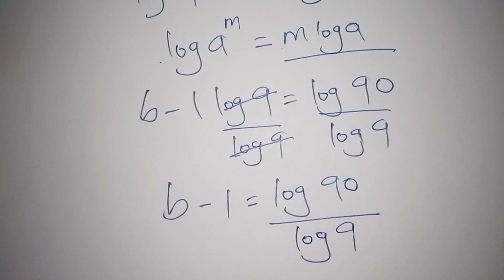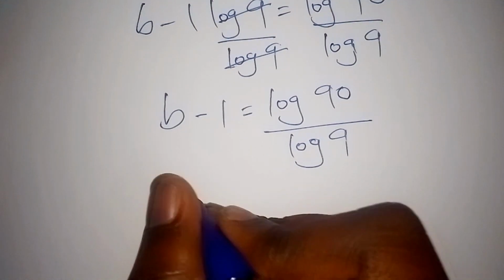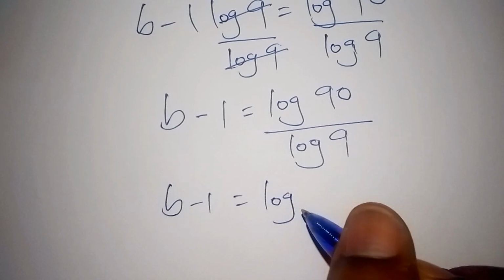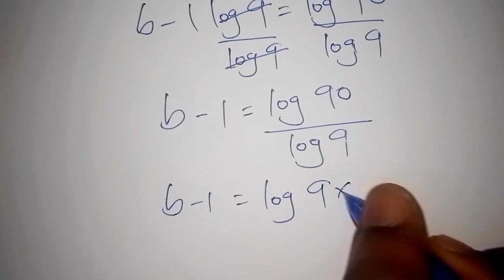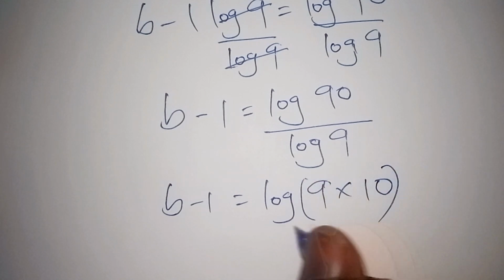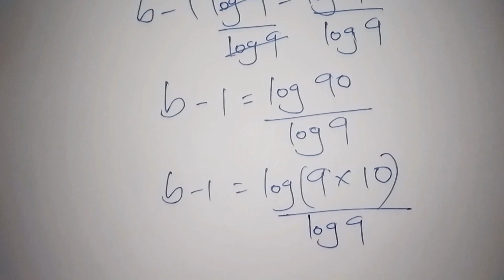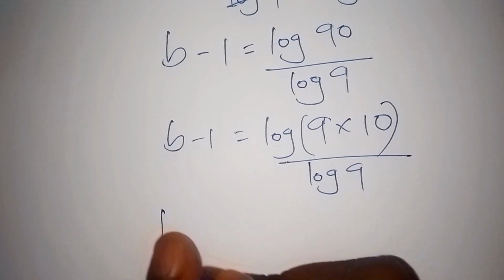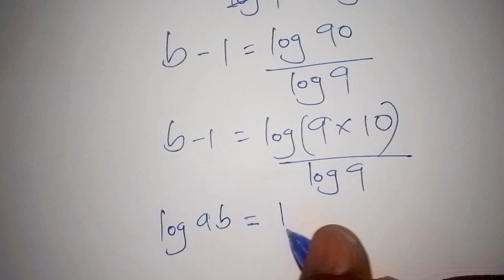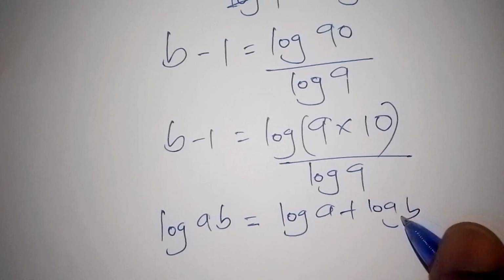To continue, b minus 1 is equal to, the log of 90 can also be written as the log of 9 multiplied by 10, all over the log of 9. Suppose we have the log of a b, this can also be written as the log of a plus the log of b.